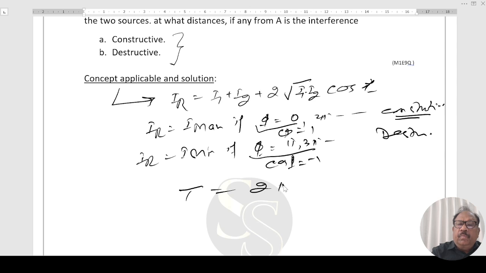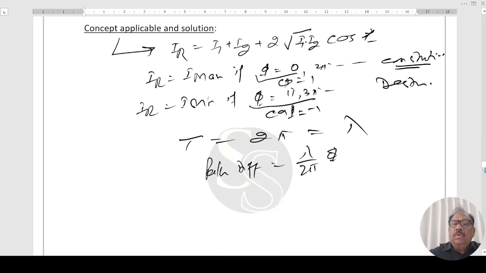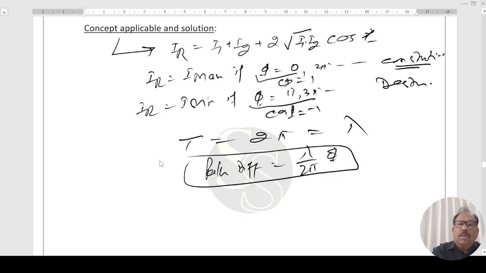T corresponds to 2 pi corresponds to lambda. Time taken to complete one oscillation is the time period. The angle traveled is 2 pi, distance traveled is lambda, right? Then path difference equal to lambda upon 2 pi into phi. This is the relation.